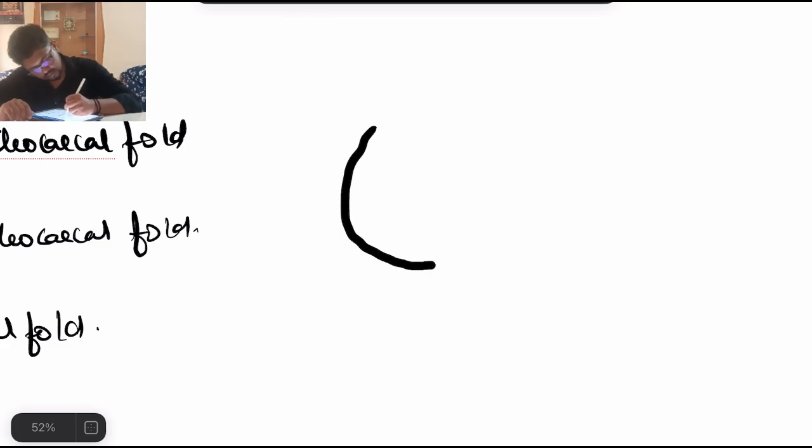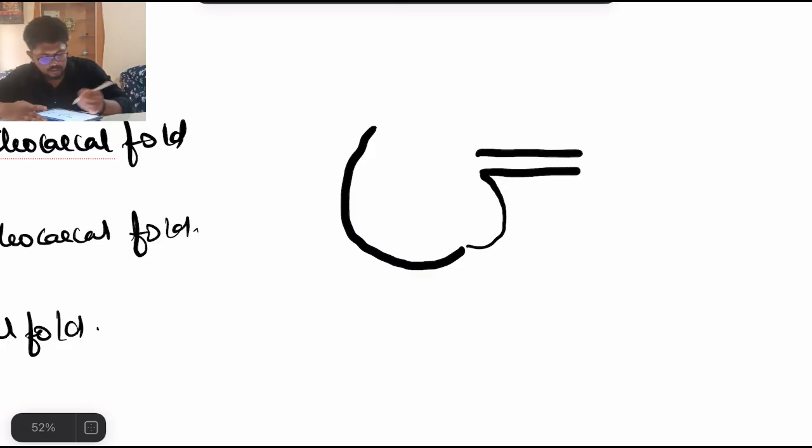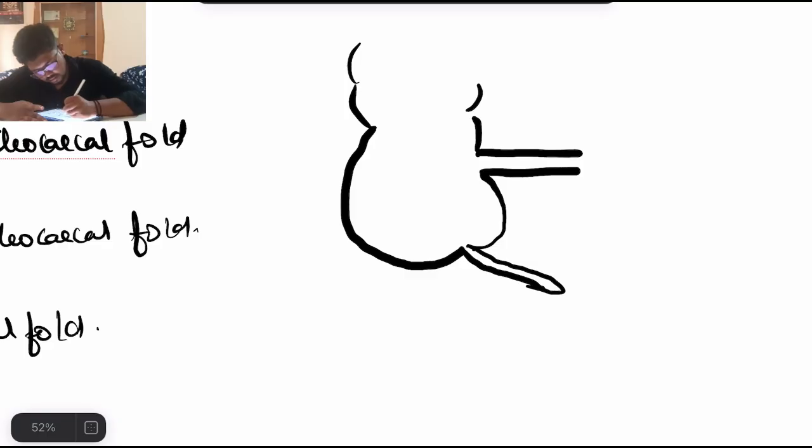If this is the cecum, and this is the ileocecal junction, and this is the appendix, and here the ascending colon.